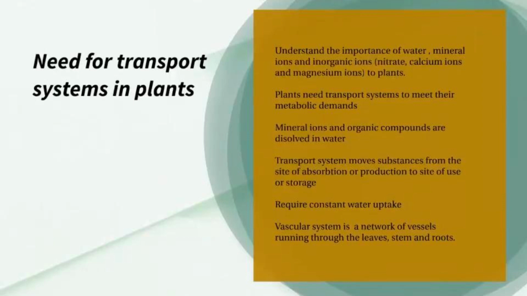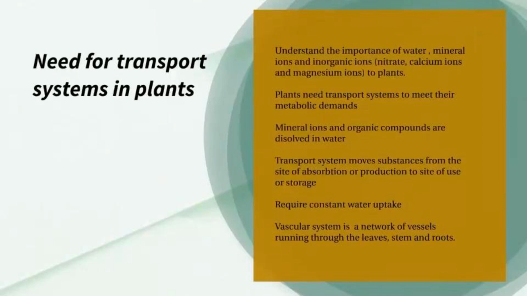We're going to cover that in later modules, but just like humans respire, plants respire and photosynthesize, so they use water and light to produce energy. In order to do this effectively, they need to have water, and then they use these ions and inorganic ions to form things like proteins and other compounds that they need to grow.